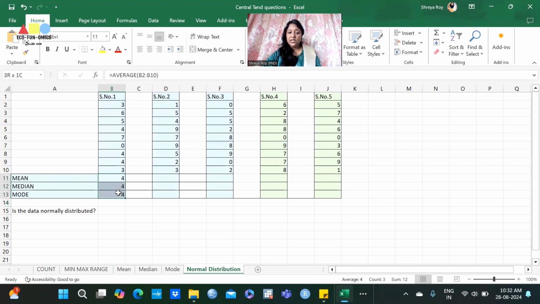So we see mean, median, mode is the same. And as I said during the starting of the class, if a data set has the same mean, the same mode, the same median, then we call the data normally distributed or a symmetric distribution. Okay.